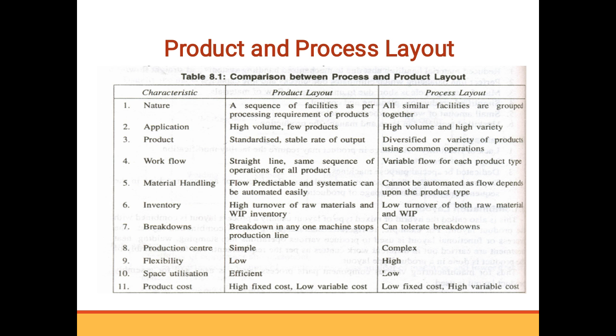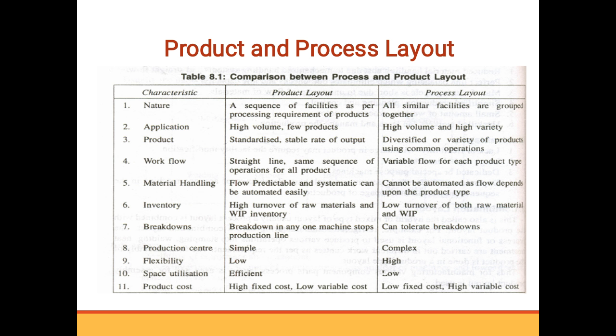But in case of process layout, if any of the machines breaks down, it can tolerate this and it cannot entirely halt the production. So production center planning is simple in case of product layout, whereas it is complex or difficult in process layout.